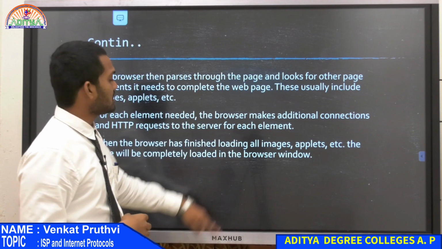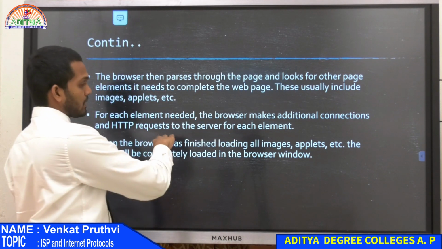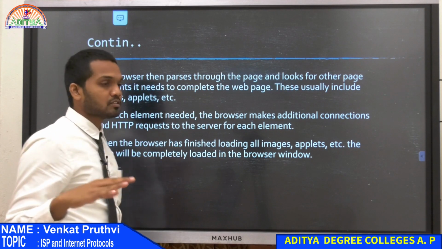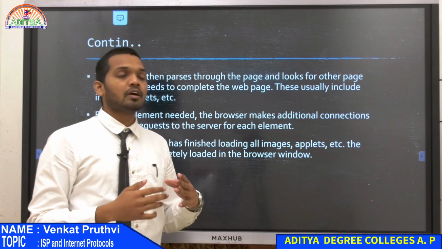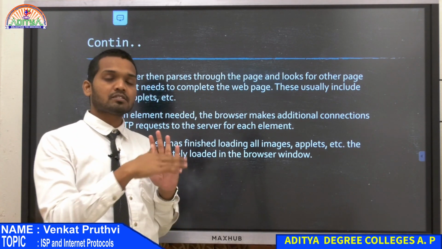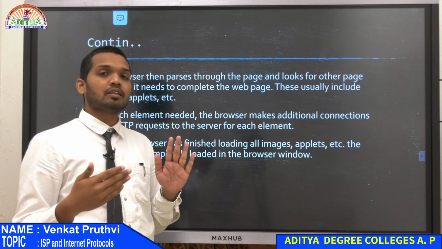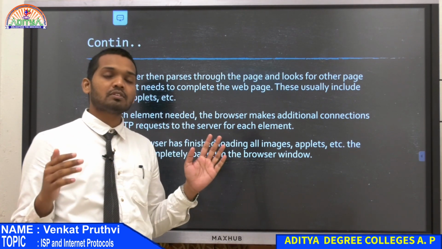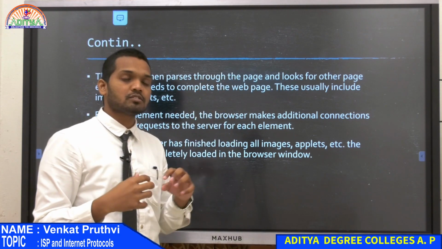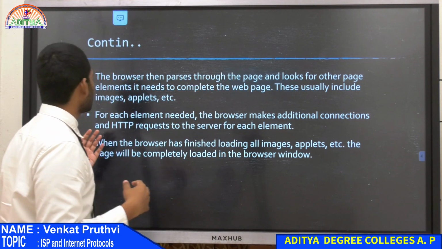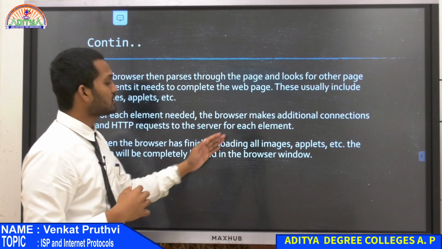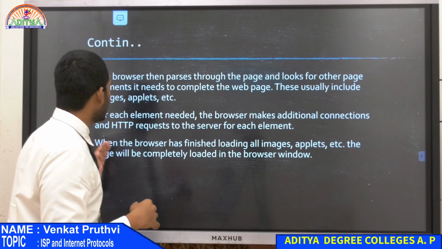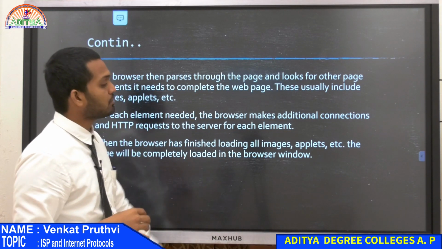Okay. Suppose there is one web page and it has several other connections behind it. First this connection is loaded, and through that connection there are several other requests which will load the other connections or the other pages on that website also. When the browser has finished loading all images, applets, etc., the page will be completely loaded in the browser window.